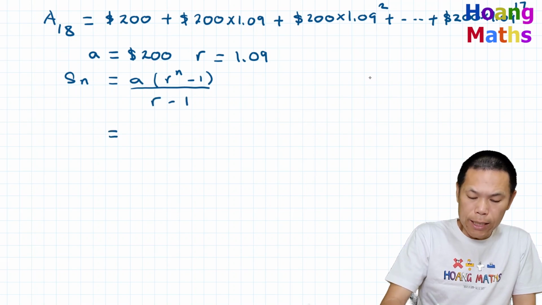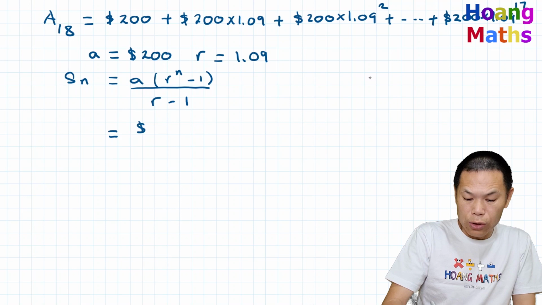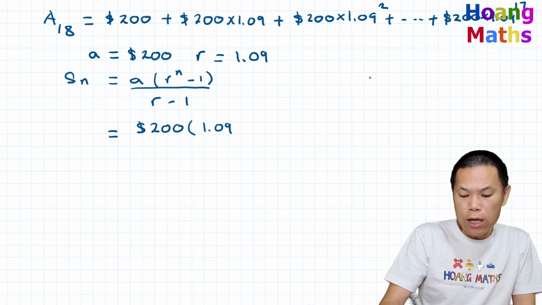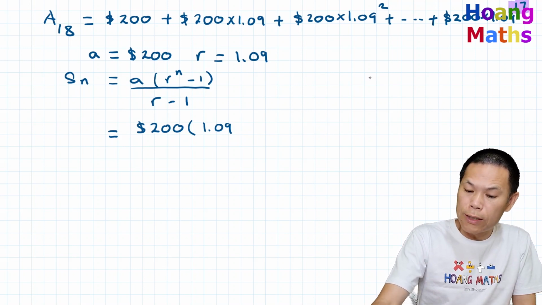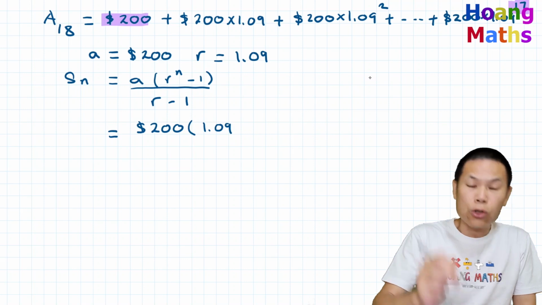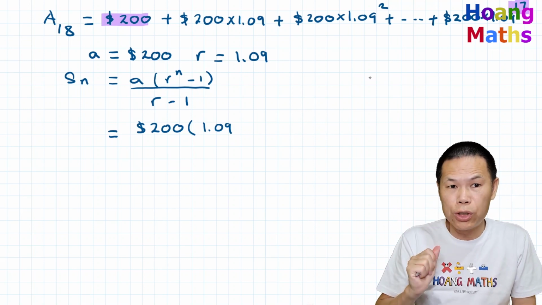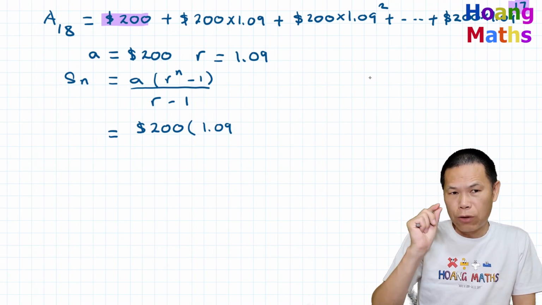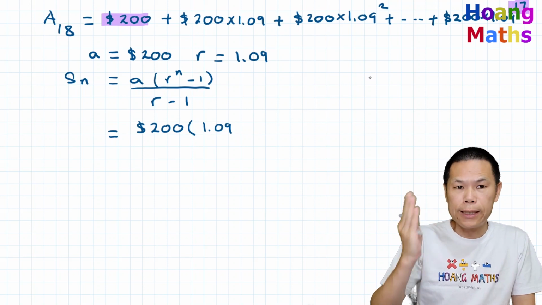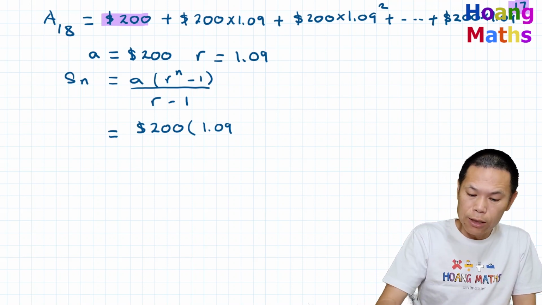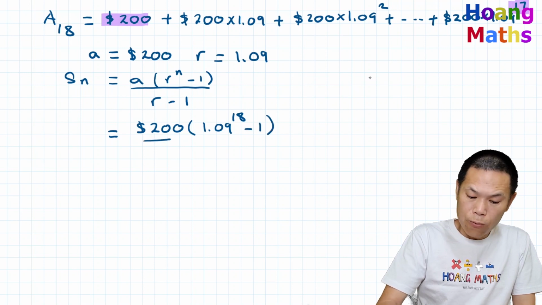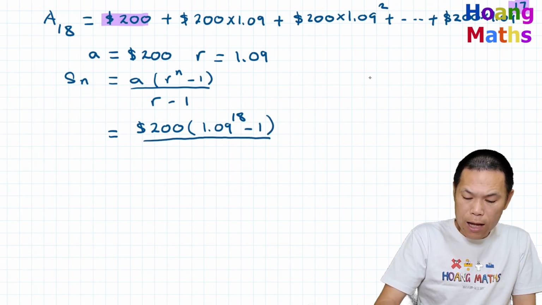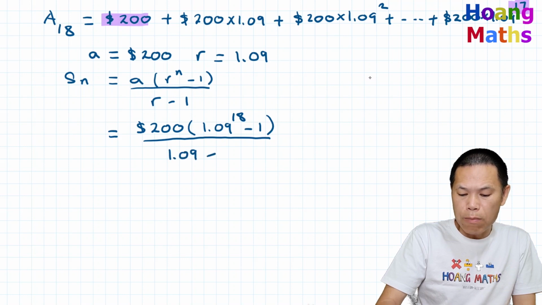And we know that a is $200, and then r is 1.09 to the power of. Now don't forget, because this goes up to 17 and starts with 200 times 1.09 to the power of 0, remember, from 0 to 17 is 18 terms. So that is to the power of 18, and we minus 1, over r, which is 1.09 minus 1.